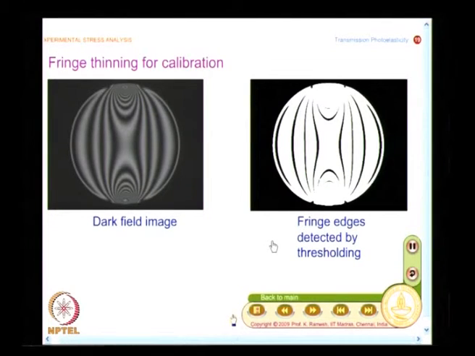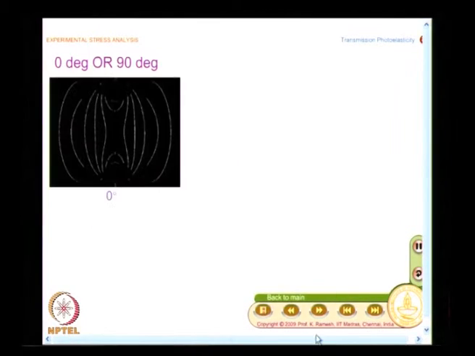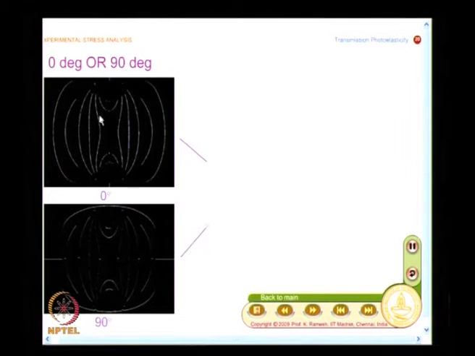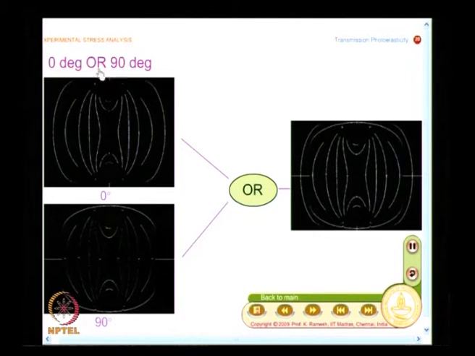So, what you will find is, in one of the scans, the horizontal scan will pick out more points, and the vertical scan will pick out only some points. That is the kind of information that you will have, and we will see that. So, I have two scans done, a 0 degree scan and a 90 degree scan, and I will enlarge this picture.